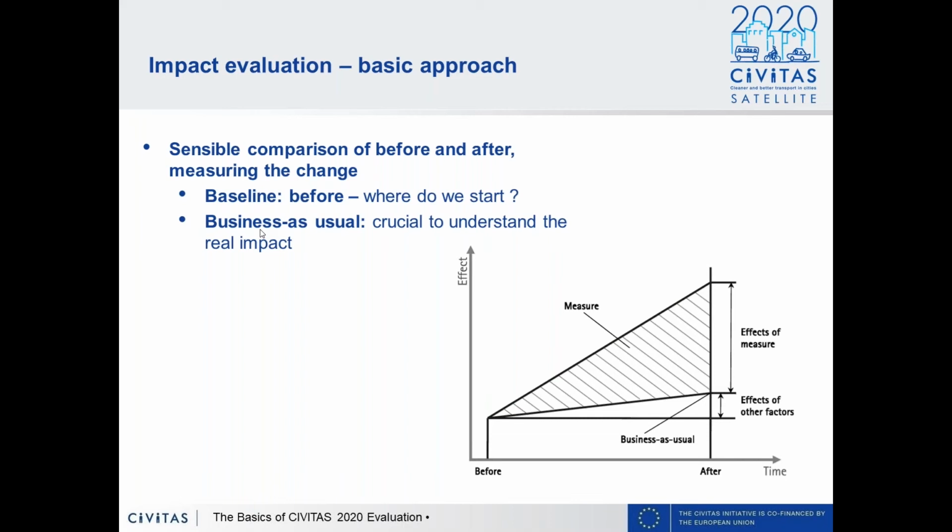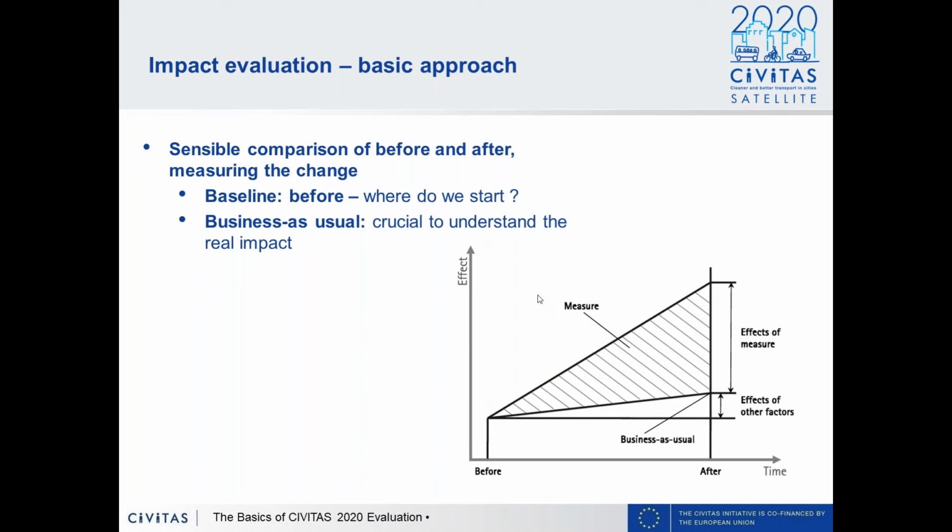Now, in some cases, this business as usual situation is more or less the baseline, because not so many things are happening. And then, of course, we don't have to make the effort. But if there are changes, it's important to describe them, not for the exercise itself, but because, as you see here on the screen, on this graph, the effect or the impact of a measure can be different if we take into account the business as usual or not.